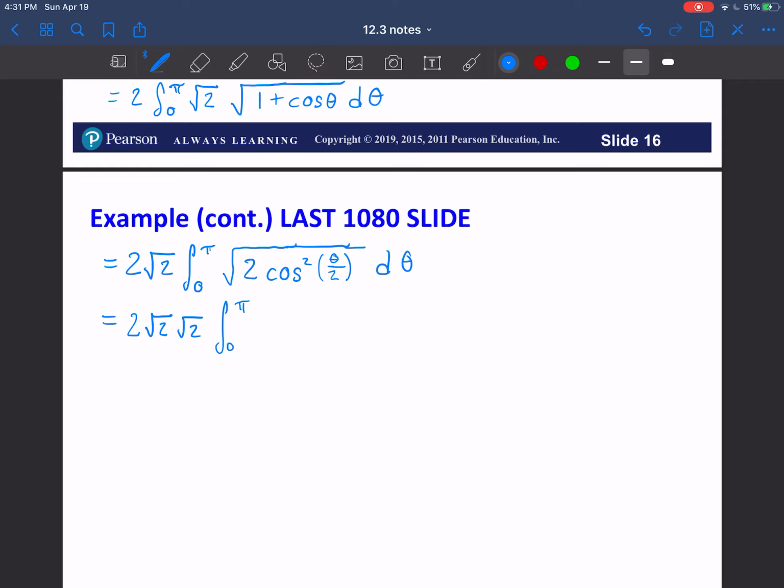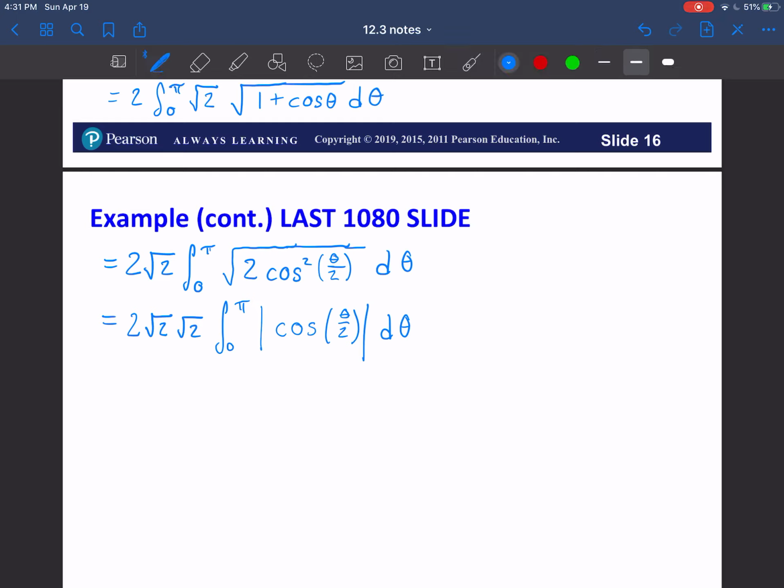The square root of cosine squared of theta over 2 is just the absolute value of cosine of theta over 2. We can rewrite this as just cosine of theta over 2 because between the bounds of 0 and pi, this whole argument will be positive, right? Because cosine from 0 to pi over 2 is always positive.